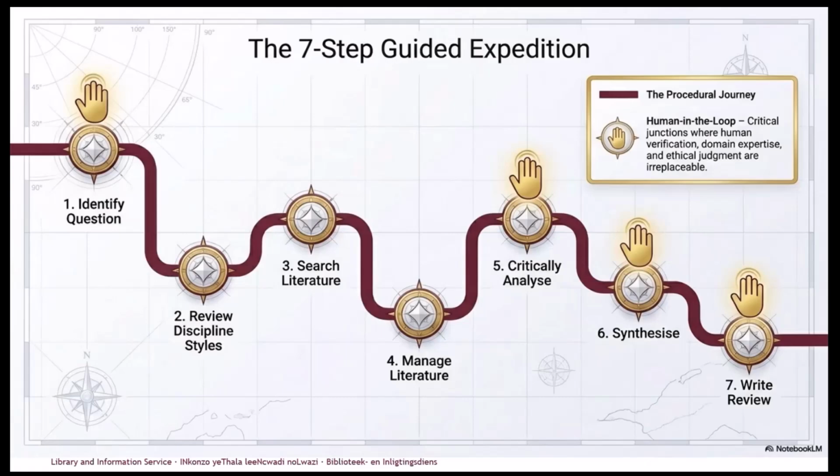The three where AI could almost automate, but still with very strict oversight, and that's the irony, are reviewing the discipline styles, searching the literature, and managing the literature. It can help with the organization. But as we all know, AI tends to generate false citations and false references.